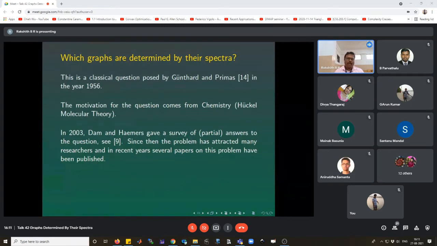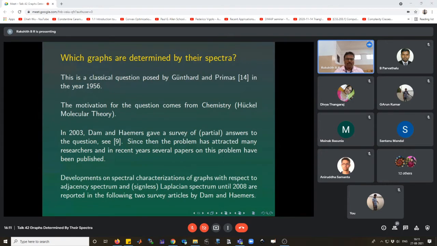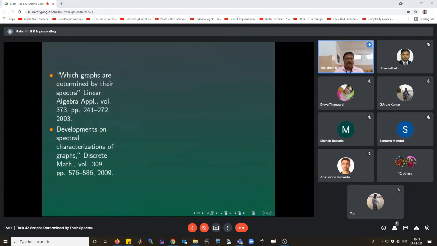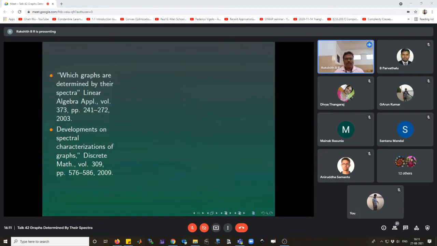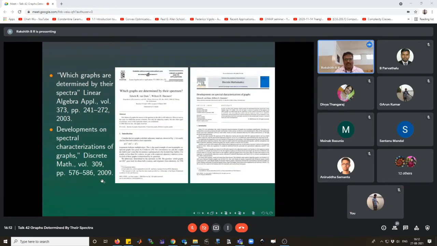For developments on this problem with respect to the adjacency spectrum, Laplacian spectrum, and Signless Laplacian spectrum, one may refer to these two excellent survey articles by van Dam and Haemers. The first was published in 2003, and the second in 2009.